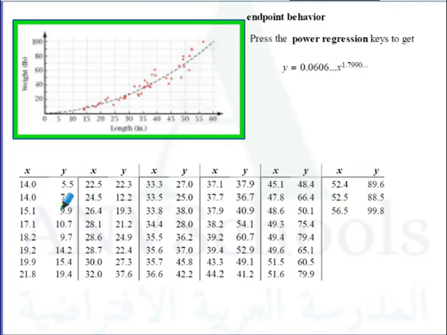And I caught a 15.1 inch fish, and it has 9.9 pounds in weight. And I have an 18.2 inch long fish, and it has 9.7 pounds of weight only. So as you can see, the data are scattered.